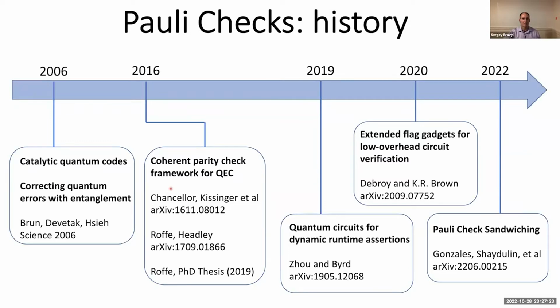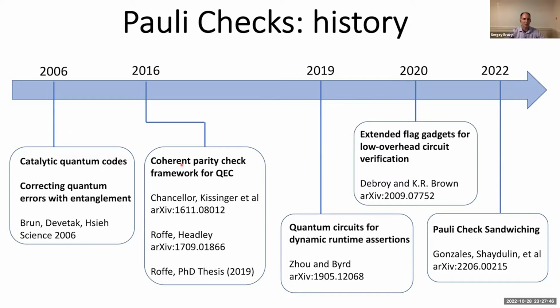So then, 10 years later, Chancellor, Roffe, and other people introduced a notion of coherent parity check. And they showed that this is a fruitful way of thinking about quantum codes.